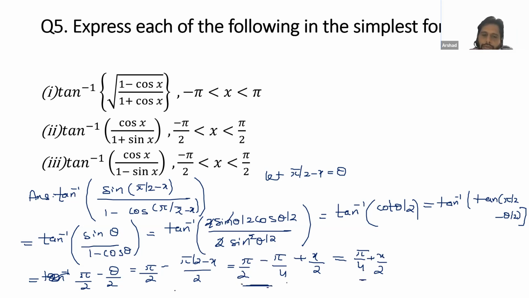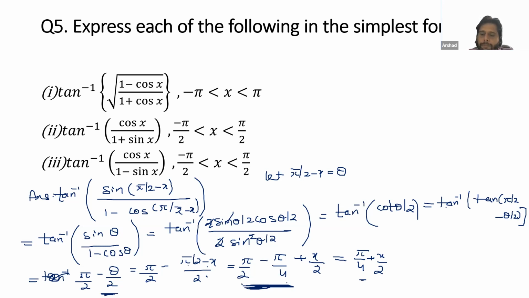Pi by 4. Check here. Here you have pi by 2 minus theta by 2. So put the value of theta. Theta is pi by 2 minus x, divided by 2. So separate this. Pi by 2 minus pi by 2 by 2 will become pi by 4, and x by 2 becomes plus x by 2. So you just need to take the LCM for these two. Take the LCM. So you will get pi by 4.